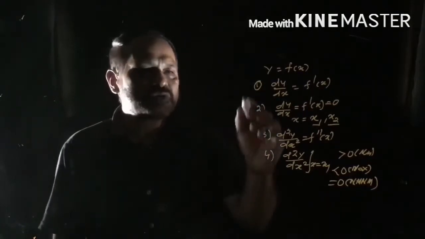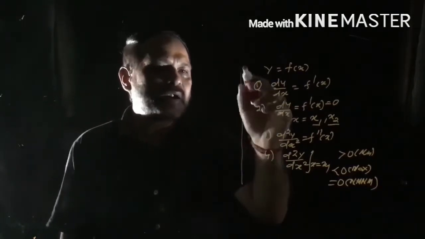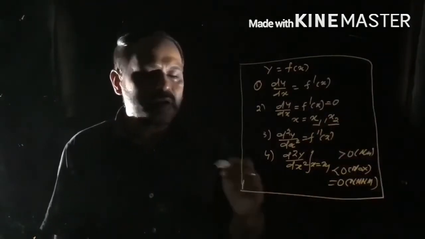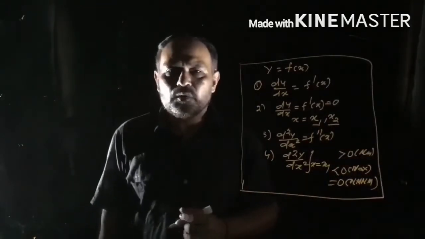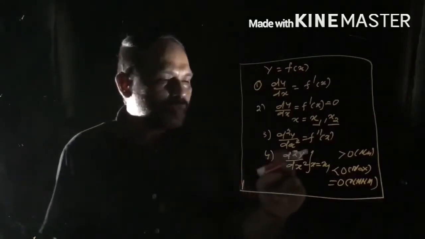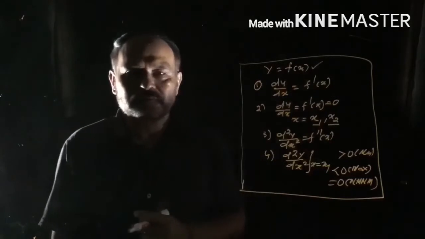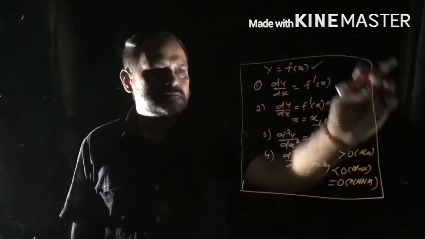So this is the procedure to find the maximum and minimum value of a function. To find the value, put the extremum point in the function. Let's start to solve some word problems.